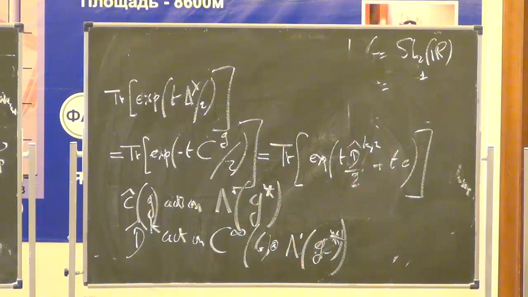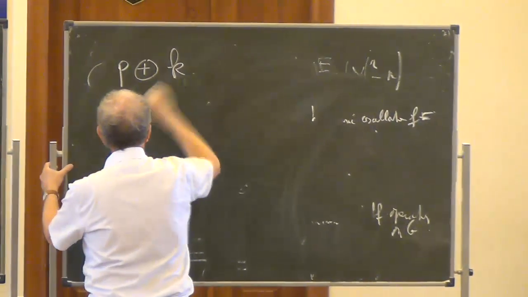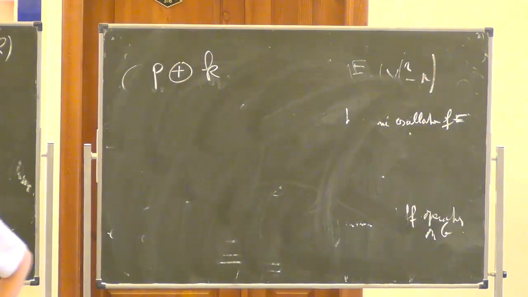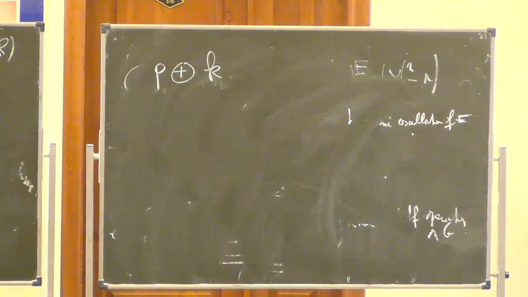Now, I'm almost done, because on P plus K, these are two Euclidean vector spaces, and on these two Euclidean vector spaces, I'm going to do the construction that I outlined before in the case of vector spaces.